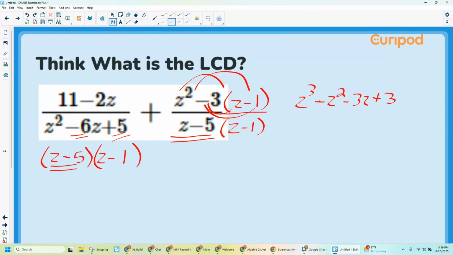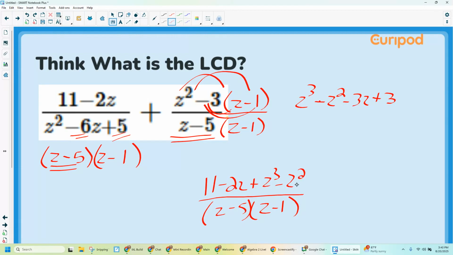So I'm going to now rewrite everything over z minus 5 and z minus 1. Because it's a plus sign, I have 11 minus 2z plus this whole second term that we made, z cubed minus z squared minus 3z plus 3.